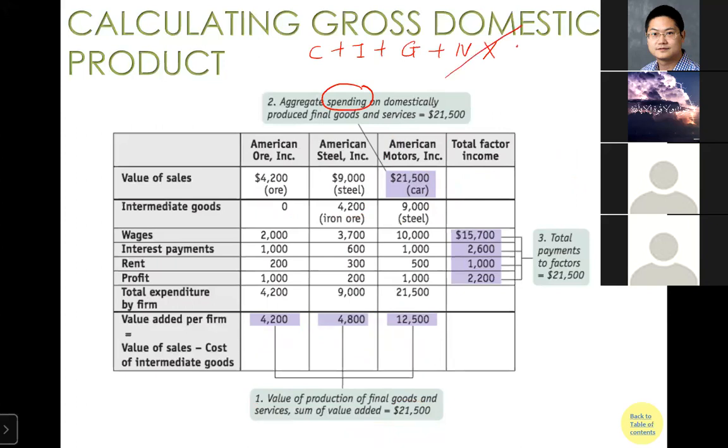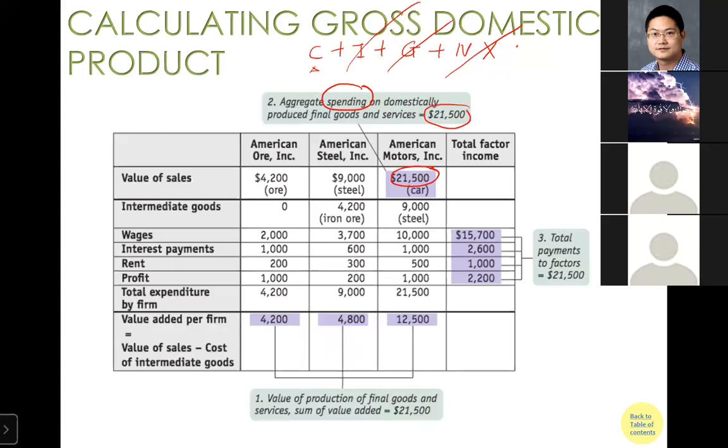No government, so G goes to 0. Investment, actually, there's no investment, so this goes to 0. We only have consumer spending. And here, consumers purchase a car, and the car is valued at 21,500. Hence, by looking at aggregate spending, we end up with 21,500.